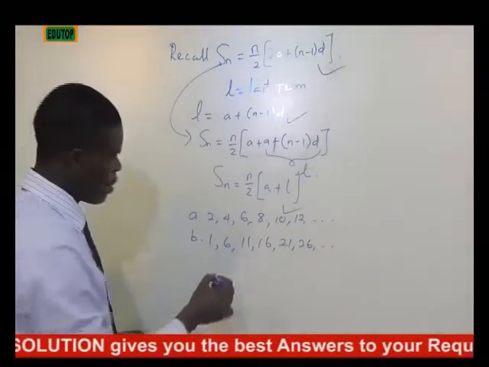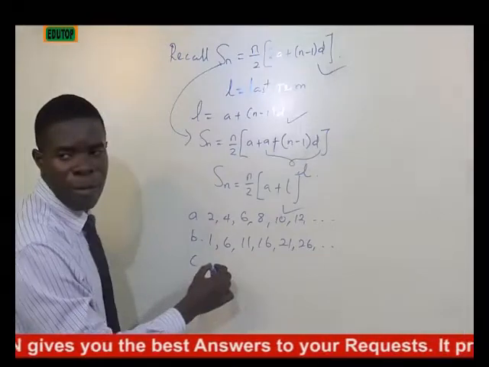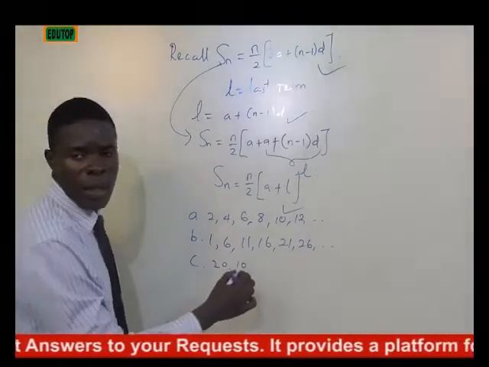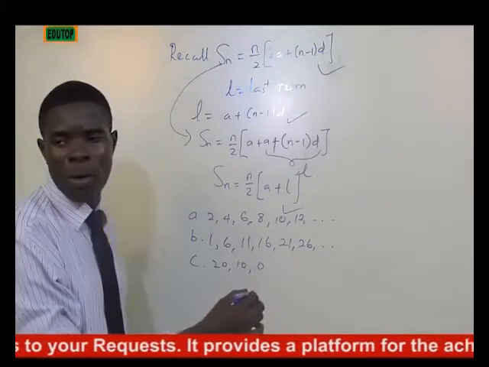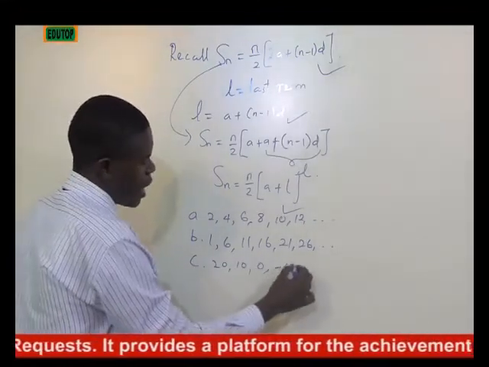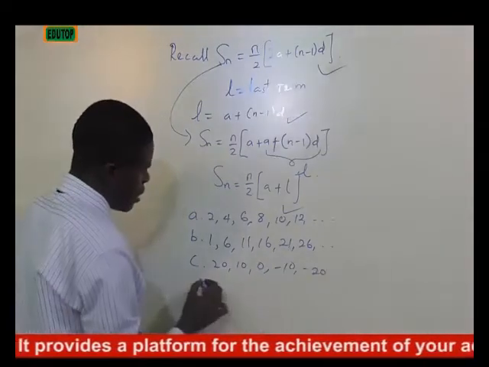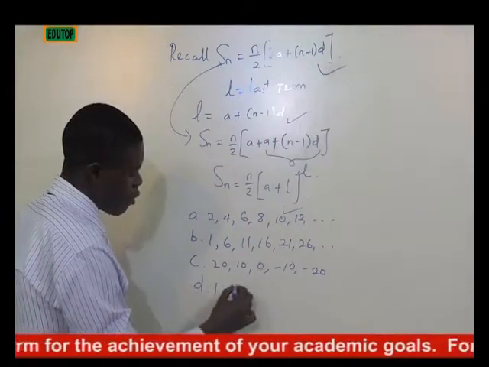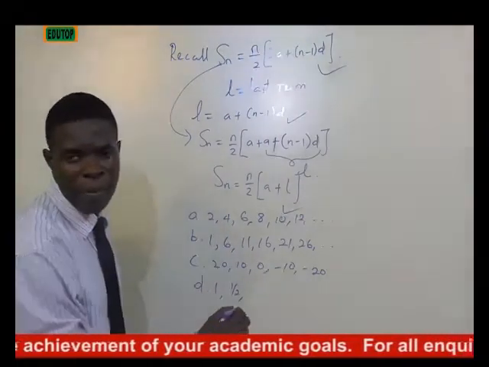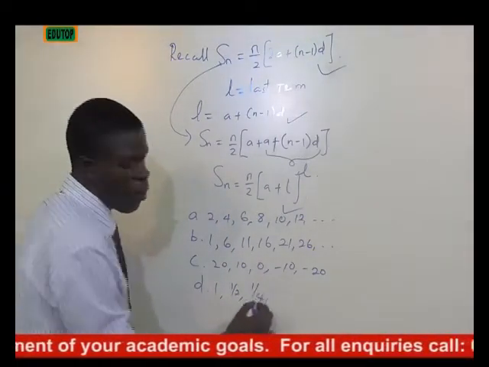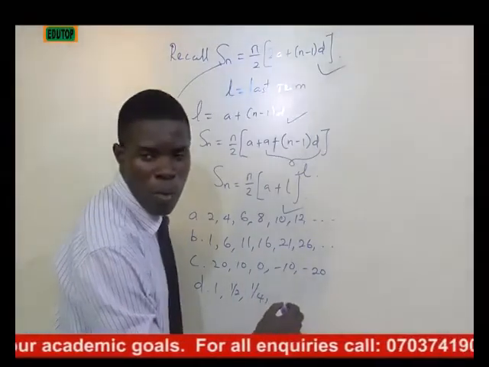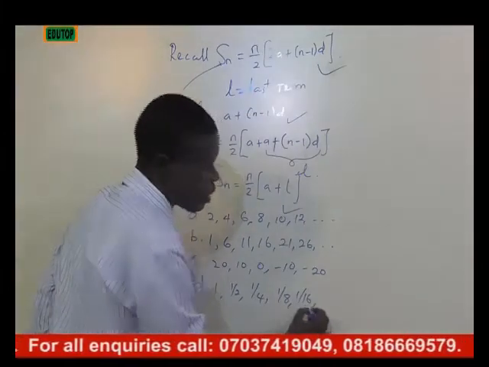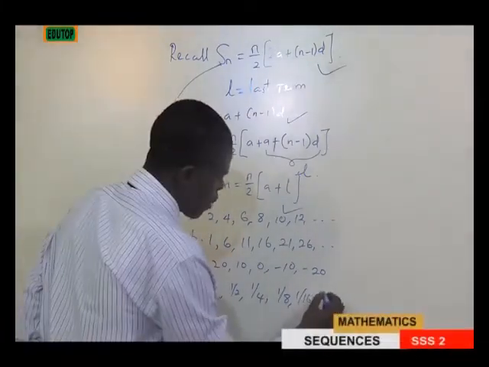Then C, we have 20, 10, 0, minus 10, minus 20. Then D, we have 1, 1 over 2, 1 over 4, 1 over 8, 1 over 16, 1 over 32.